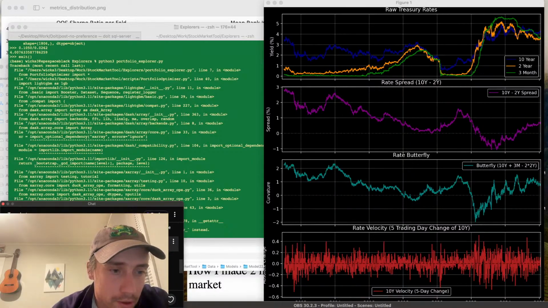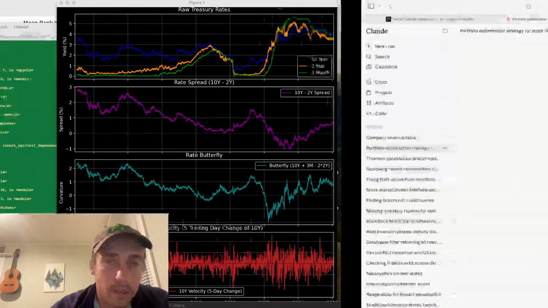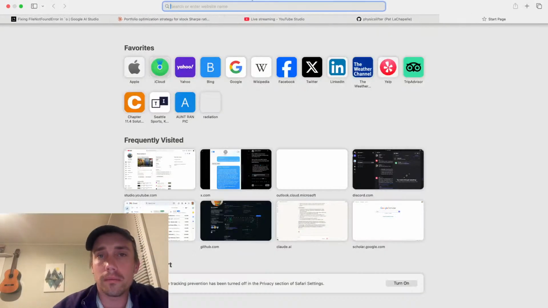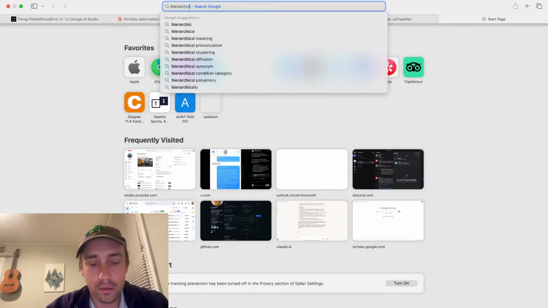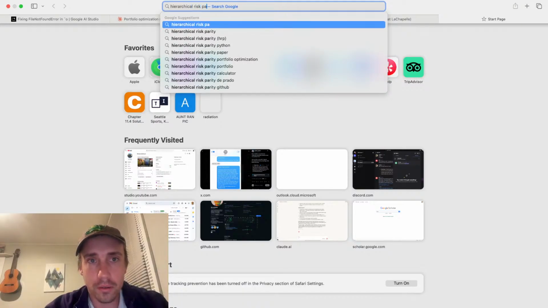You could smooth out your returns by using a hierarchical risk parity portfolio strategy. Okay, let's look that up. Hierarchical risk parity.